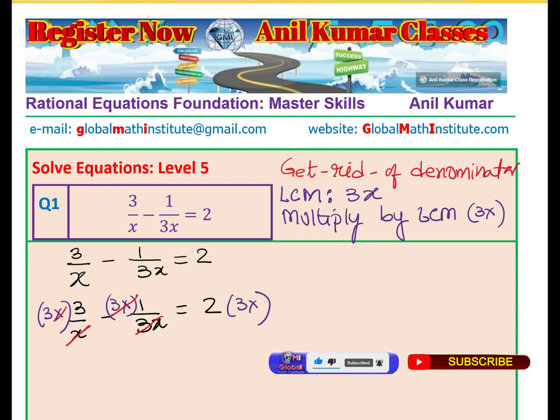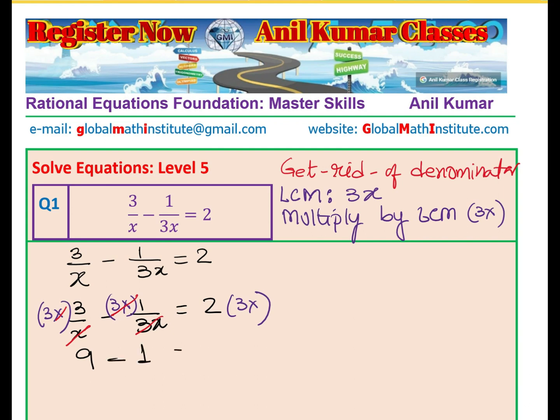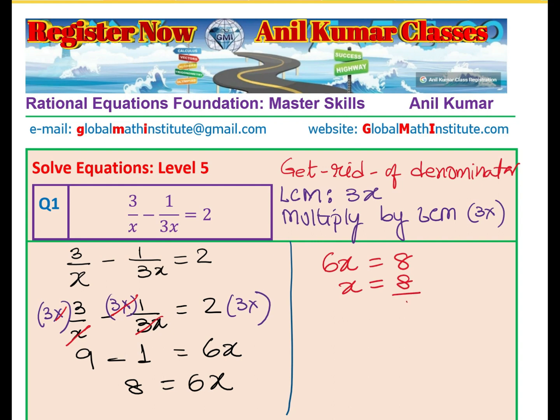Now you see 3 times 3 is 9 minus 1 here, and here we have 6x. So we get 8 equals 6x. Makes sense? Now this is the linear equation which is very easy for you to solve. You have 6x equals 8. Dividing by 6, we get 8 over 6, and that can be simplified. Let me show you this process of simplification. Dividing by 2, we get 4 over 3. So we have x equals 4 over 3. So our solution is 4 over 3. I hope you understand this particular method, right?